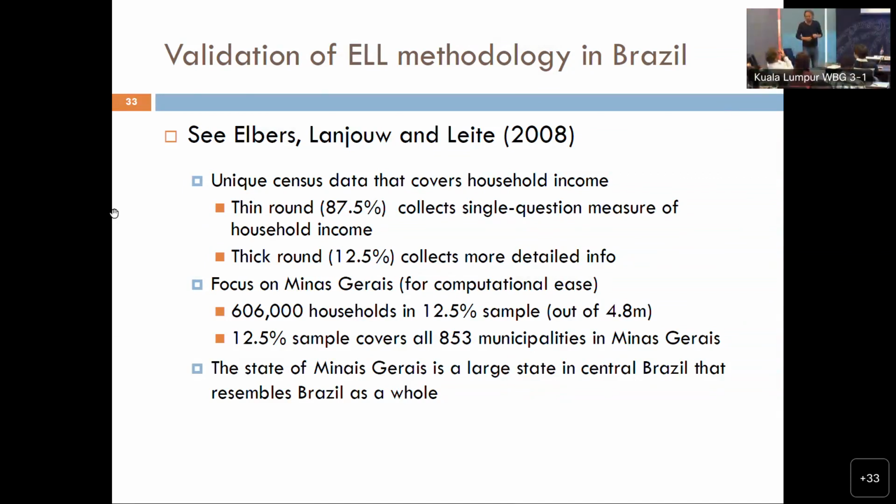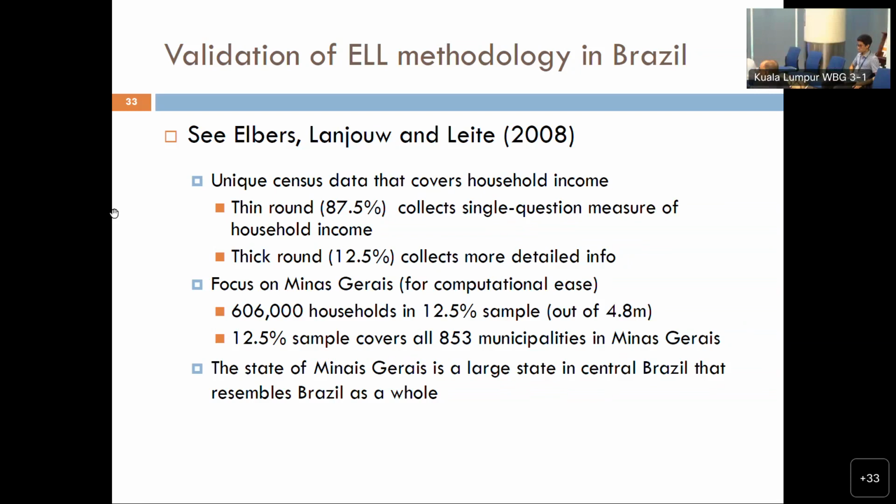But did they also compare, because the census is essentially a simple question, right? Like, what is your household income? Exactly. So as part of the exercise, did they also compare it to the more detailed income data from the survey? Not in this study.